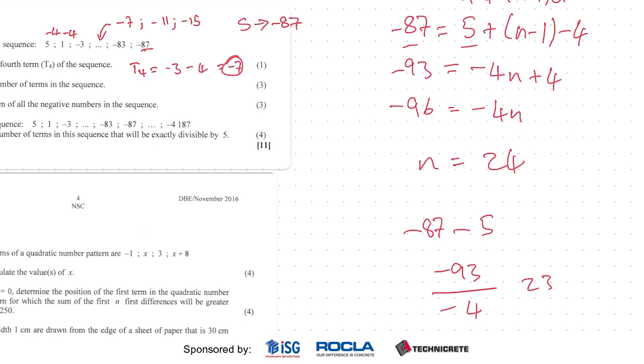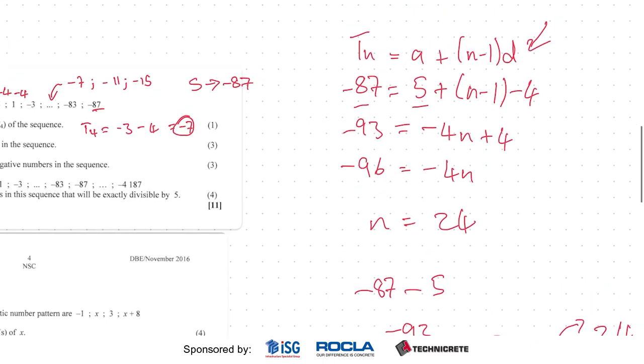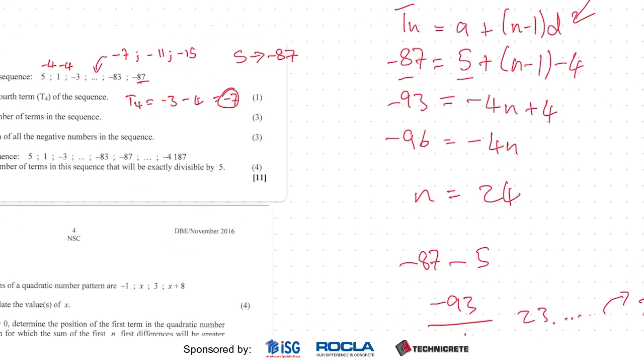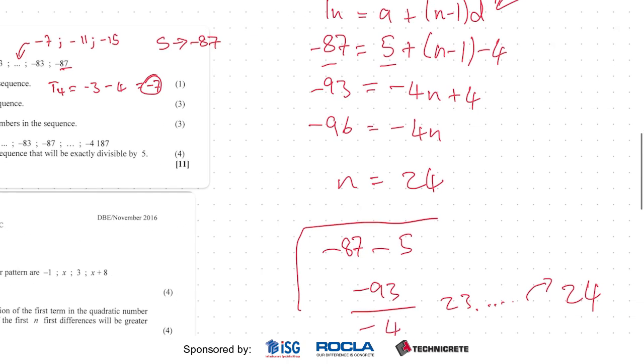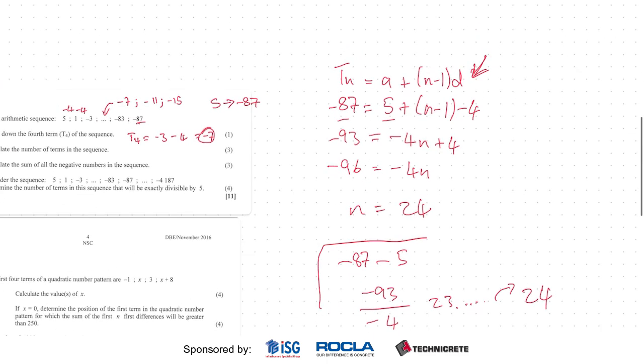You'd get 23 point something something, and then you round up to 24 to get the number of terms. This works because you know the first and last term. So this is one way of doing it. It's not proper, but it will get you close to the answer. The proper way would be to definitely use this equation.